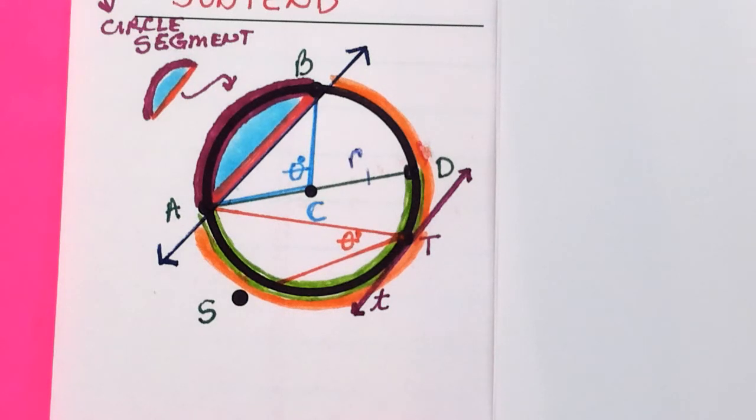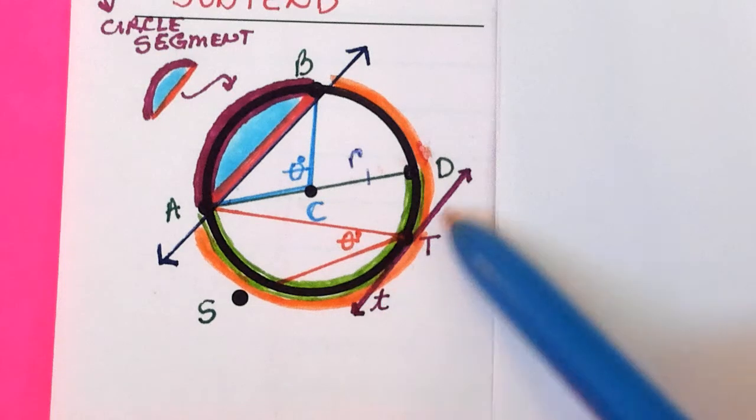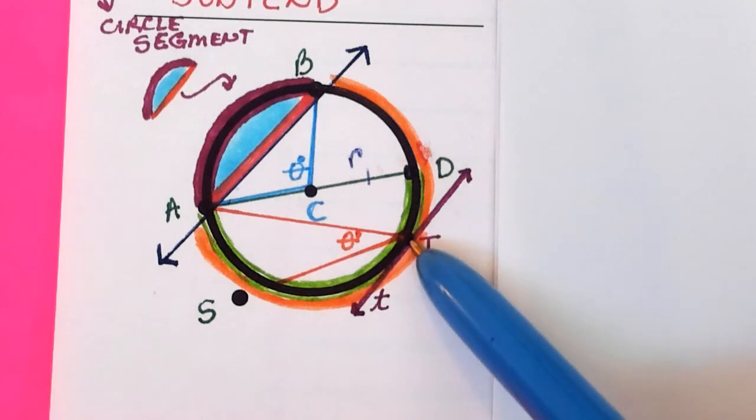Now I want you to look at a line. It's in the same plane as a circle and it intersects at exactly 1 point. It will be perpendicular to the radius that extends to that point. So right now I want you to look at line T, lowercase t, right here, which intersects at exactly 1 point.